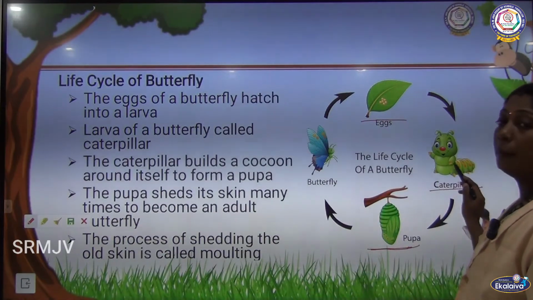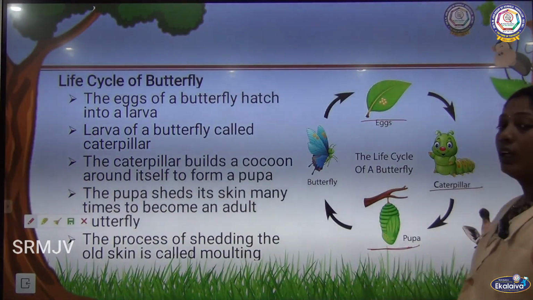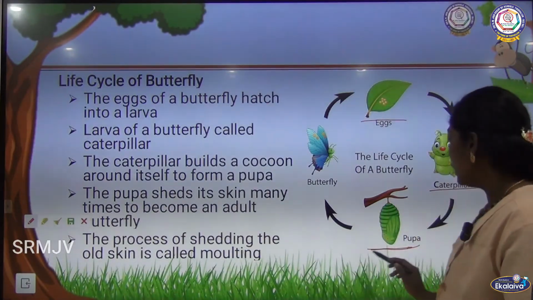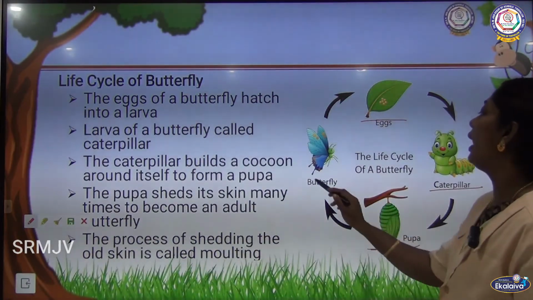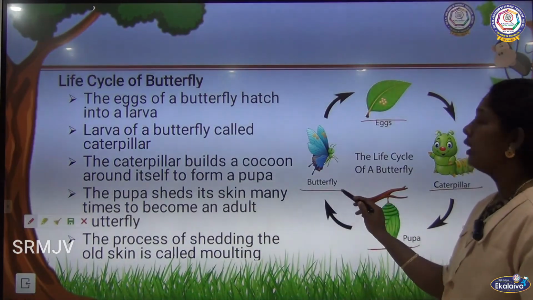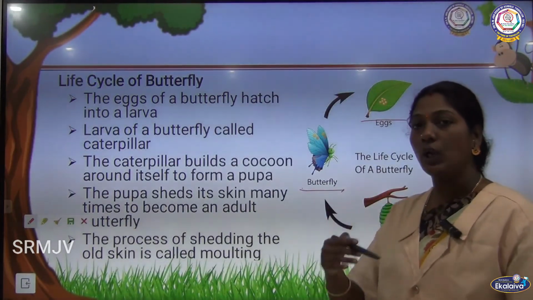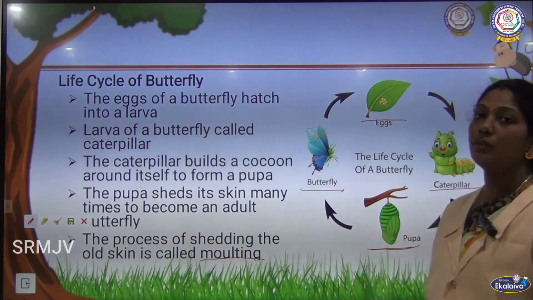The caterpillar builds a cocoon around itself to form a pupa. The pupa sheds its skin many times to form an adult butterfly. The process of shedding the old skin is called molting.